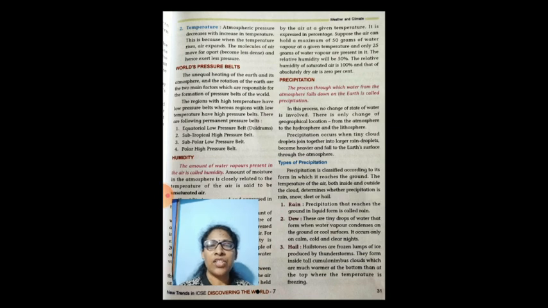So precipitation occurs when tiny cloud droplets join together into larger rain droplets, which become heavier and fall to the earth's surface in the form of rainfall or precipitation. So, the types of precipitation. Precipitation is classified according to the form in which it reaches the ground.